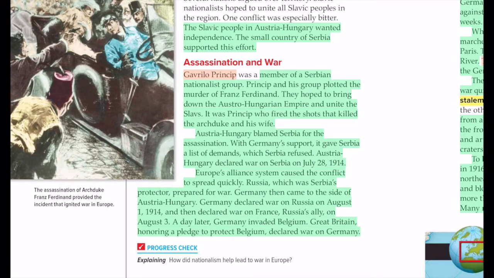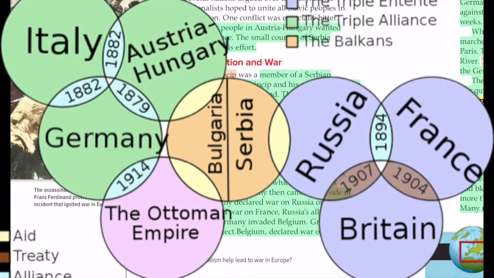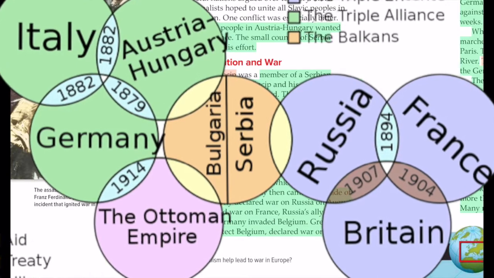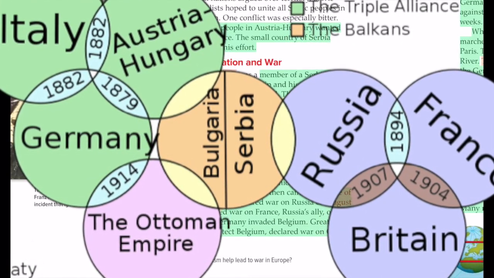Serbia is going to get attacked by Austria-Hungary and therefore also Germany. Well, Serbia has a deal with Russia, okay? So then Russia is going to be in it. So now, even though the smaller ones, Austria-Hungary and Serbia, had the original problem, we also have Germany and Russia getting drawn in, okay?